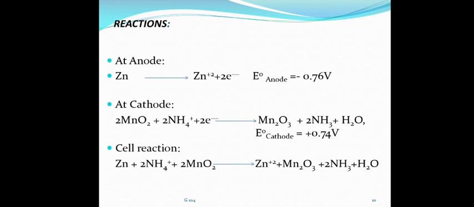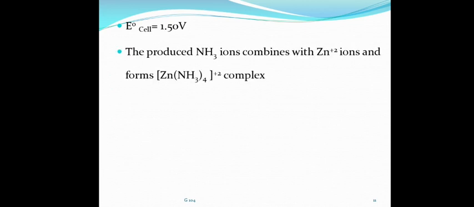So it becomes 0.74 plus 0.76. So what is its EMF? E cell is equal to 1.5 volts. The produced NH3 combines with Zn2+ ions to form zinc ammine complex.